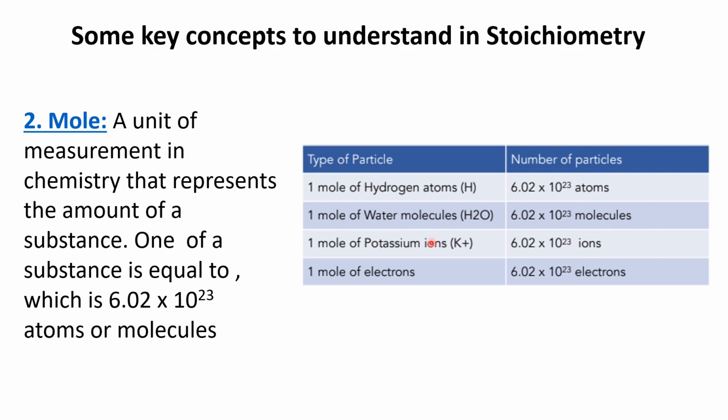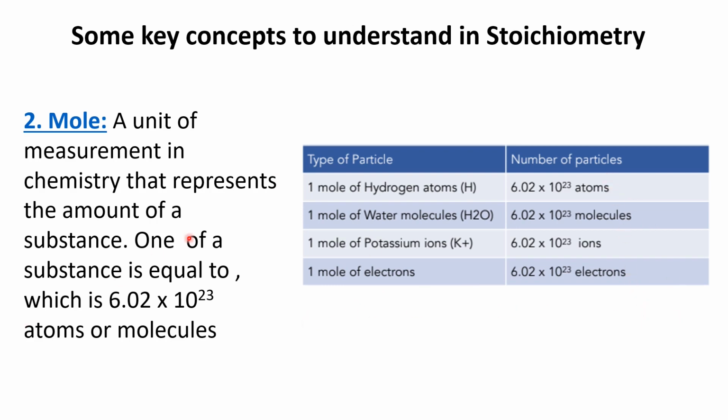Whatever the thing is, 1 mole will always be equal to this quantity, and it depends on what we are taking, whether atoms, molecules, ions or electrons, to say these are the number of particles present.